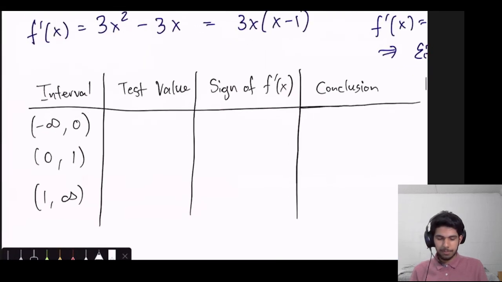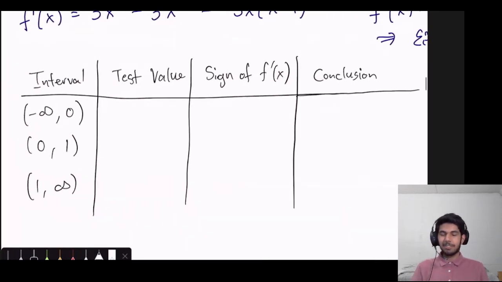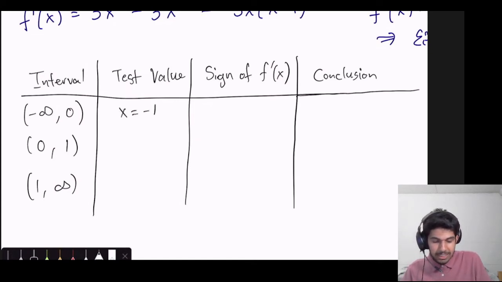So I'll just add another column for our conclusion. So let's just walk through it. Consider the interval negative infinity to 0. We just need a test value within it. So it could be anything. I like to stay away from the endpoints because it's a little funky; that's where we're breaking up the interval. So we can just choose any point. I'm just going to choose x equals -1. It's small, easy to do algebra with.